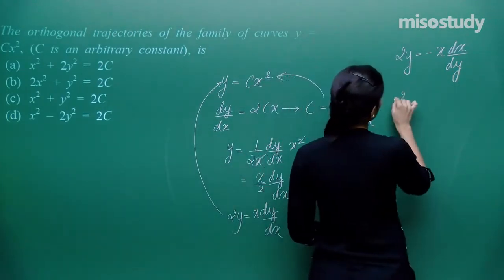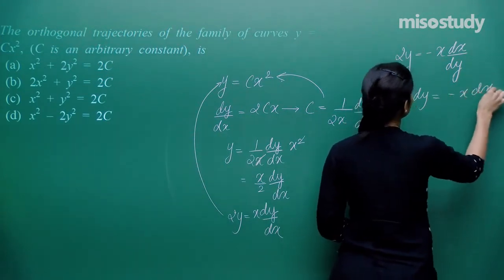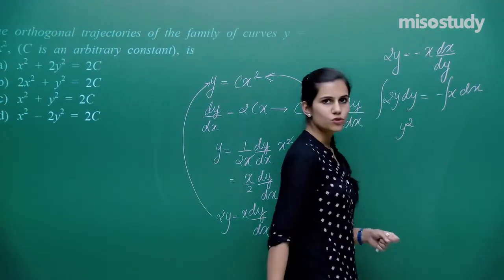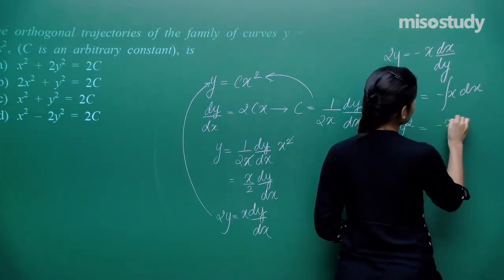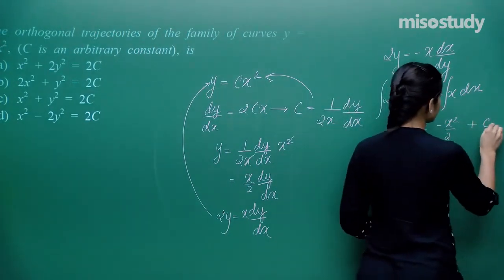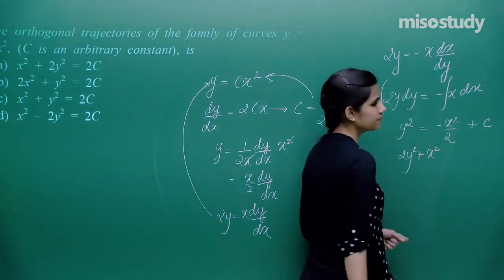So from here you get 2y dy equals minus x dx, integrate, you get y square by 2, so 2 gets cancelled, equals minus x square by 2, right, plus c, so this gives you 2y square plus x square.